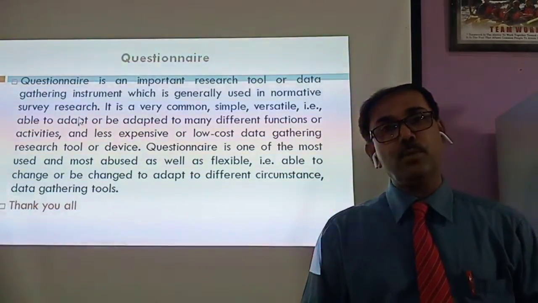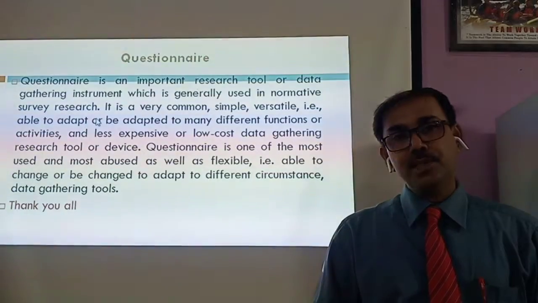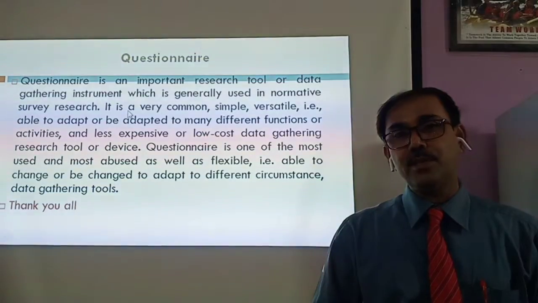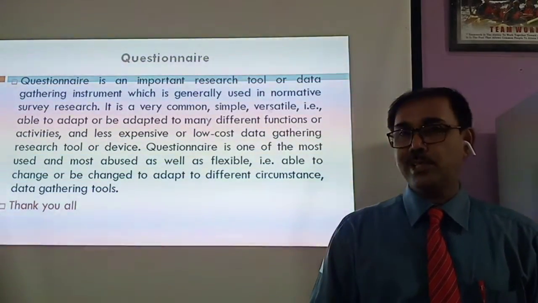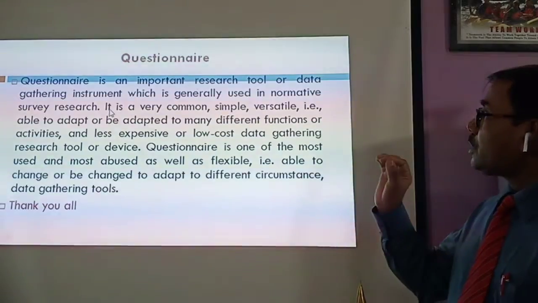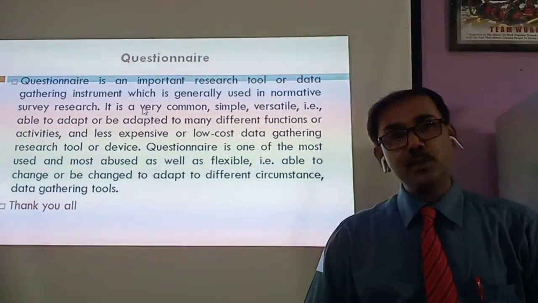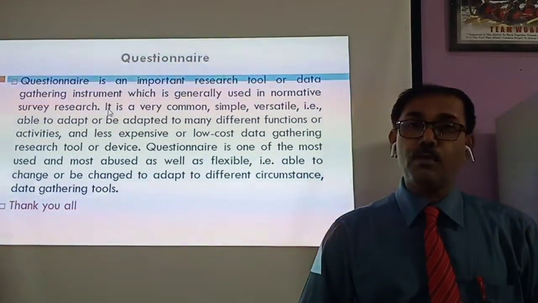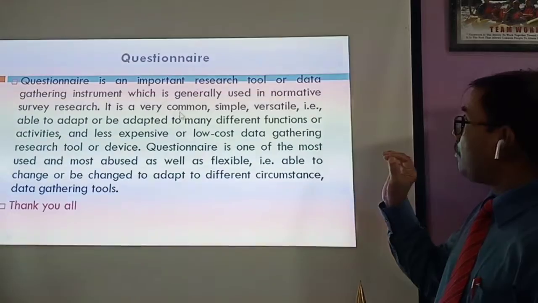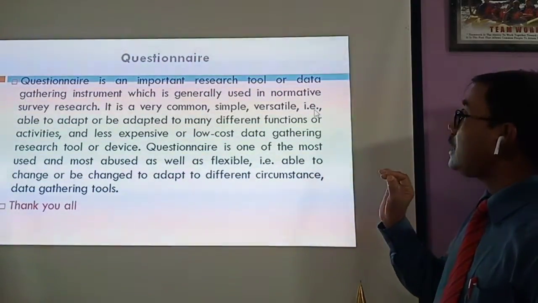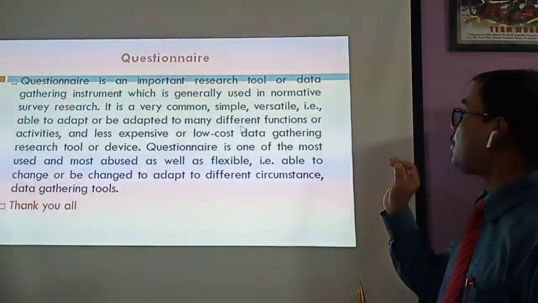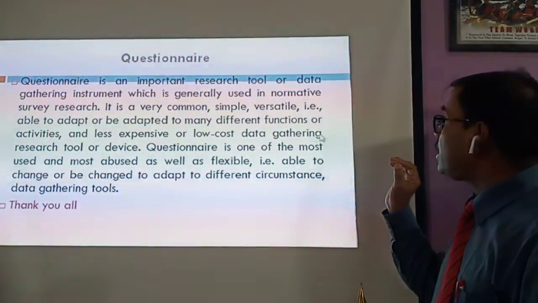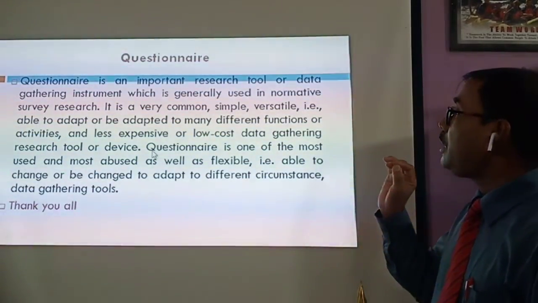When we follow the normative survey research method in social sciences, most researchers basically depend on the questionnaire for the collection of necessary research information in the form of research data. It is very common, simple, versatile, able to be adapted to many different functions or activities, and a low cost data gathering tool.